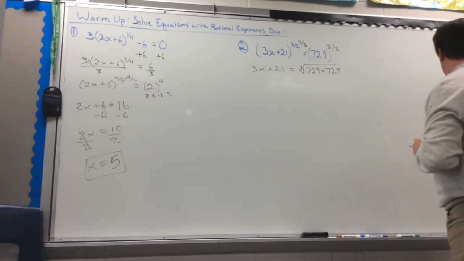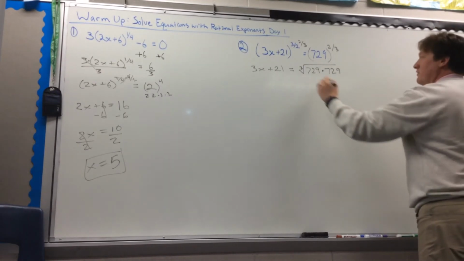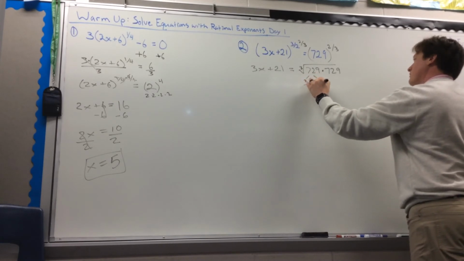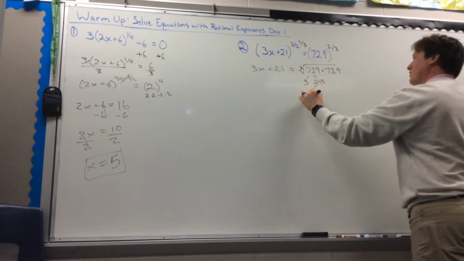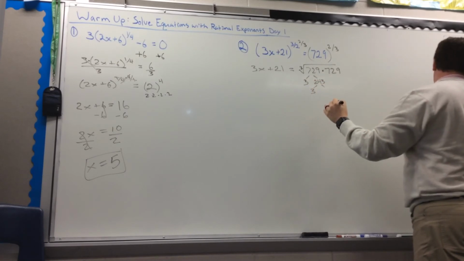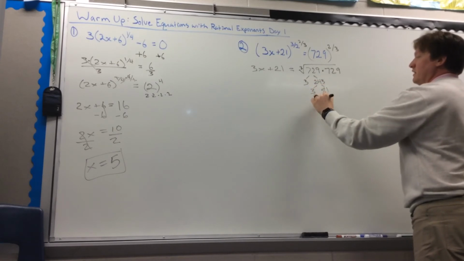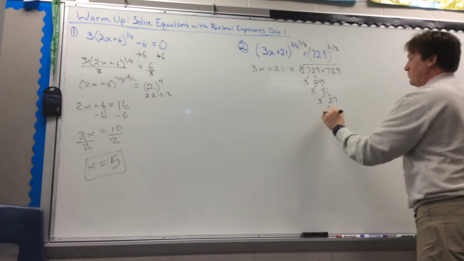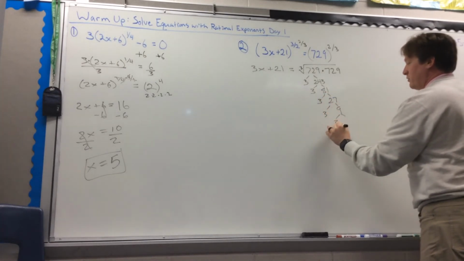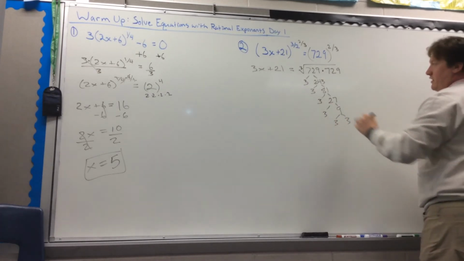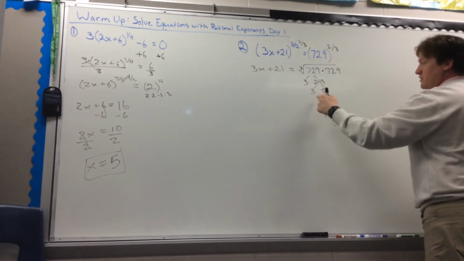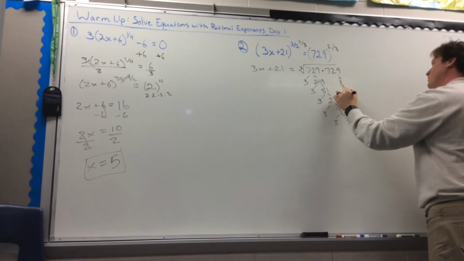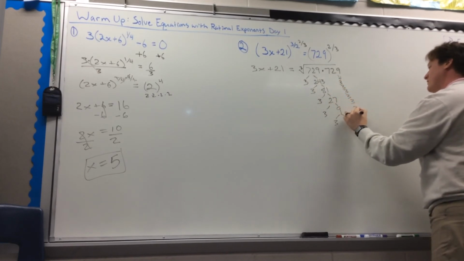Well, 729 is going to break down into 3 and 243, 3 and 81, 3 and 27, 3 and 9, 3 and 3. So that means I'm going to have six 3's: 1, 2, 3, 4, 5, 6.